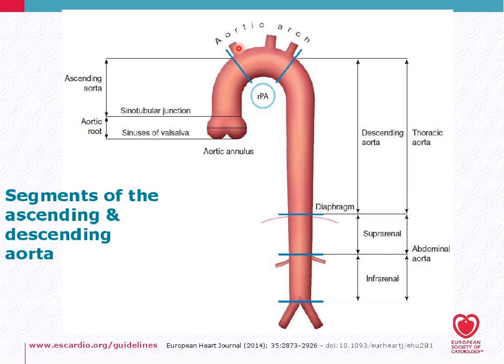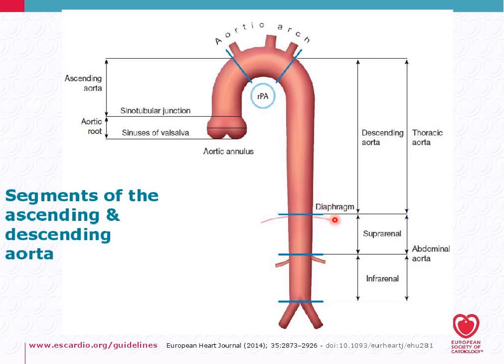Then the aortic arch, which starts with the innominate artery and ends with the left subclavian artery, then distal to the origin of the left subclavian artery until the diaphragm, this is the descending aorta.